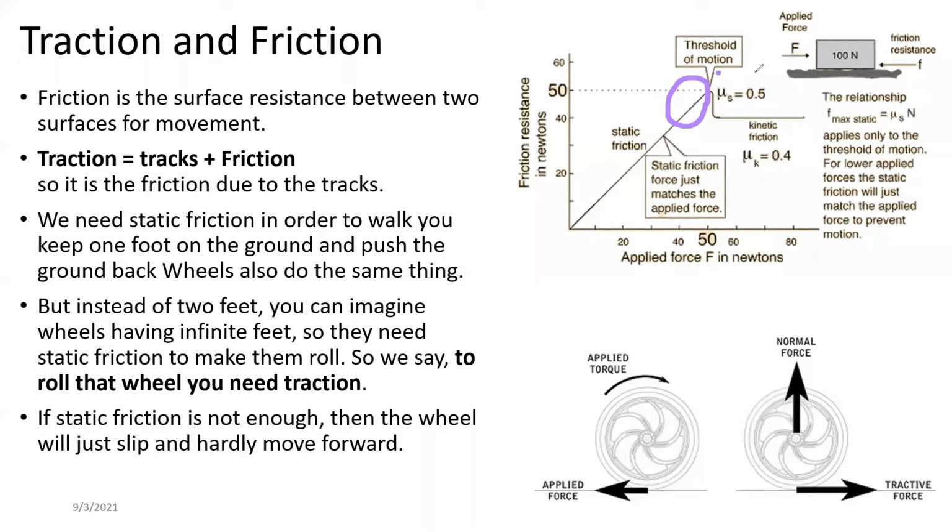If it goes beyond this, the friction is going to reduce and the heat is going to increase. As a result, again it's going to slip, right? Hopefully you get what I'm saying.